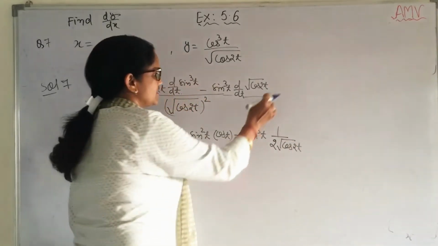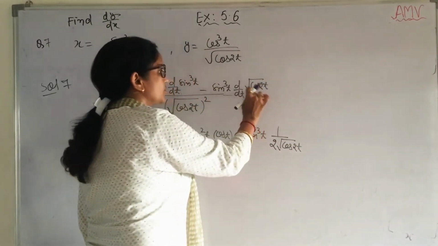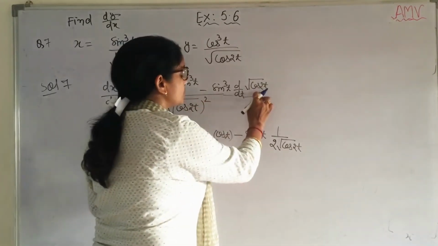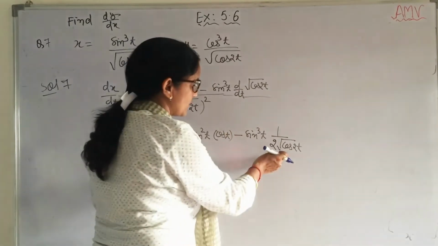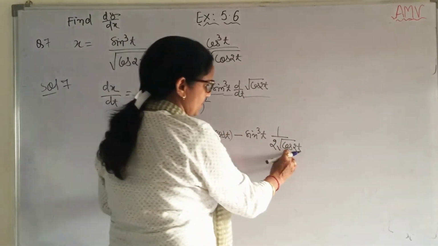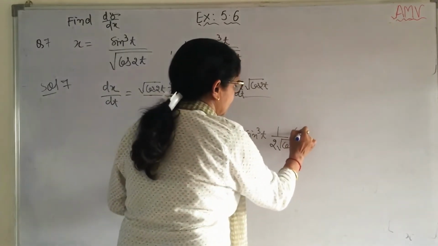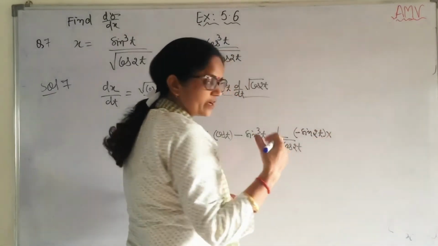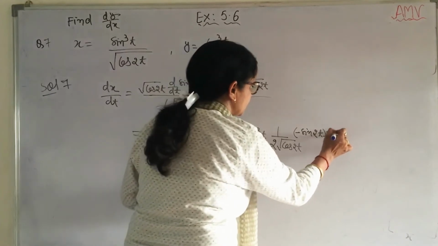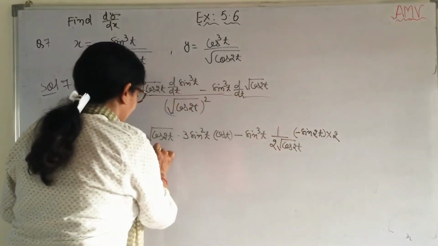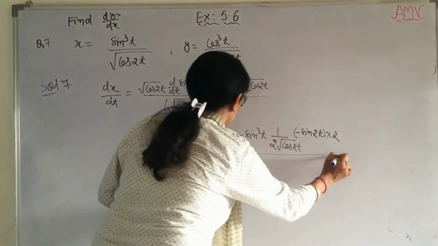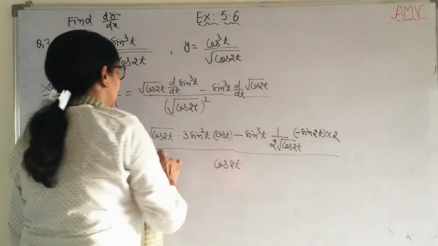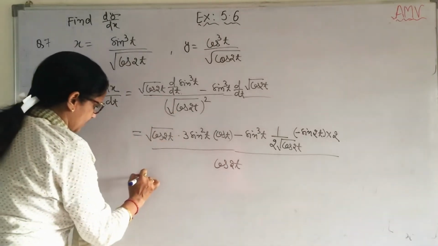Okay, consider under root cos 2t as root x. Here cos 2t in place of x, and now apply the chain rule. Derivative of cos 2t is minus sin 2t, and now derivative of 2t is 2 only, and here in the denominator it is cos 2t. Okay, since here it is square.